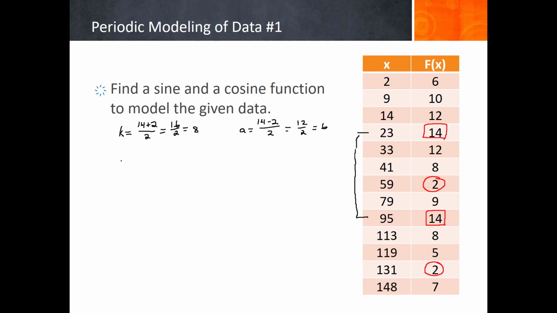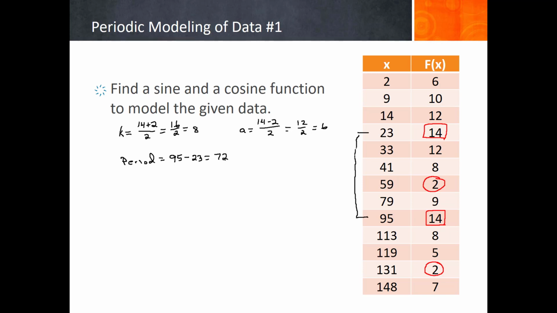To find our period, we just subtract those. You always subtract the larger number minus the smaller number, or on a number line, the right number minus the left number. So 95 minus 23 is 72.